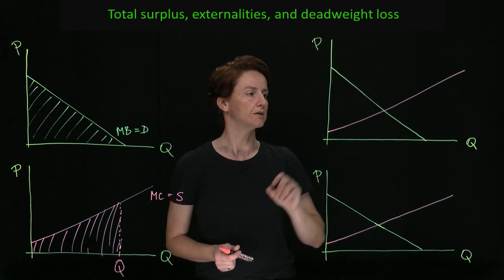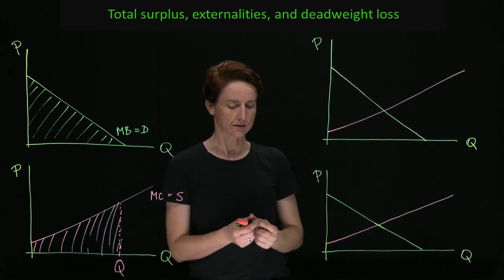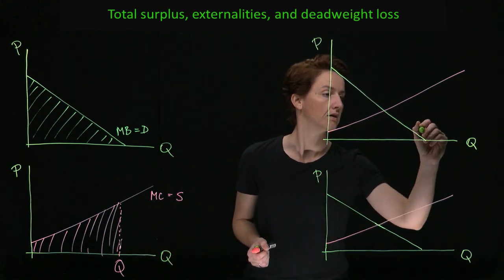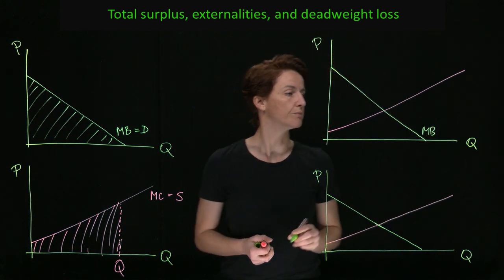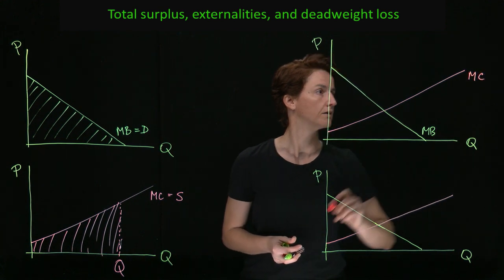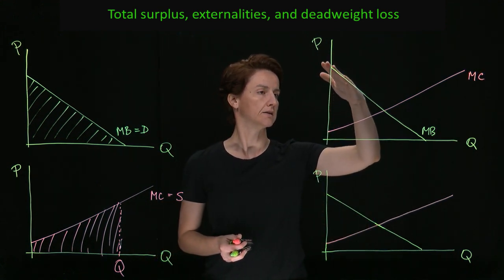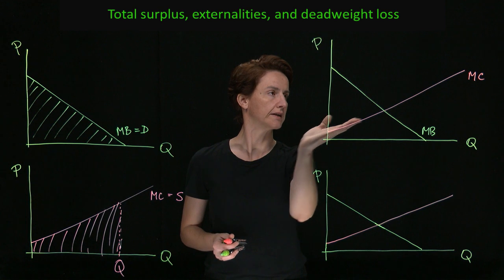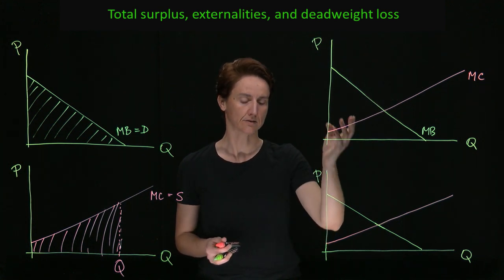So here, this is a graph of a market. If this is marginal benefit and marginal cost, then the area under marginal benefit and above marginal cost is net surplus.